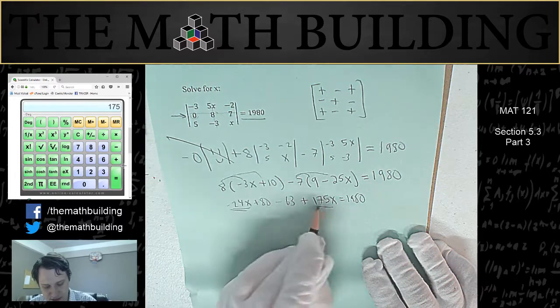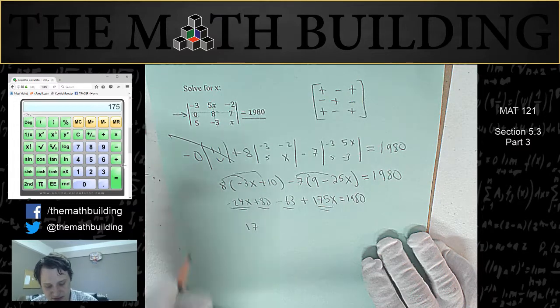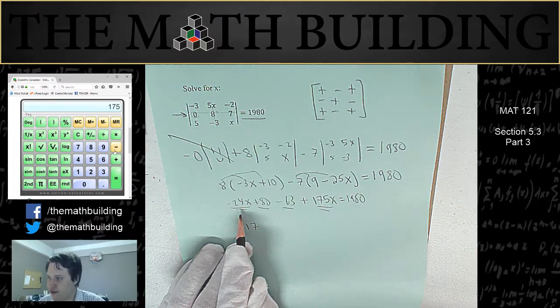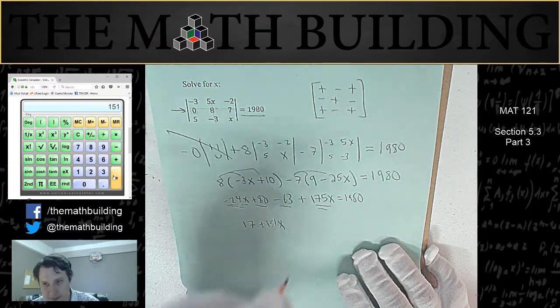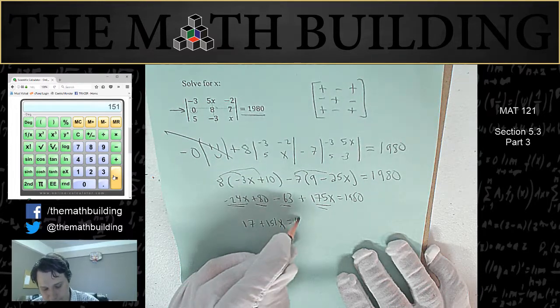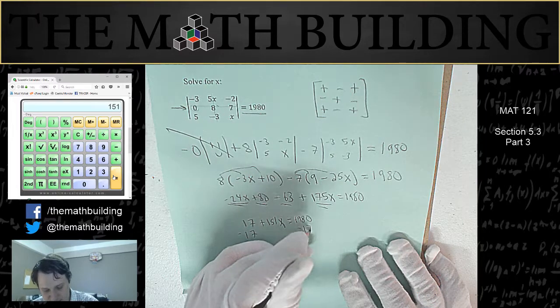So let's do this. Combine like terms. So we get 80 minus 63 is 17. 175 minus 24 is 151. Now we subtract 17 and subtract 17.